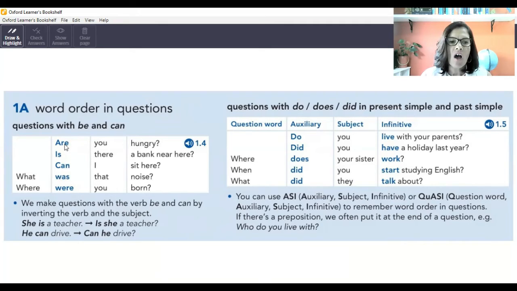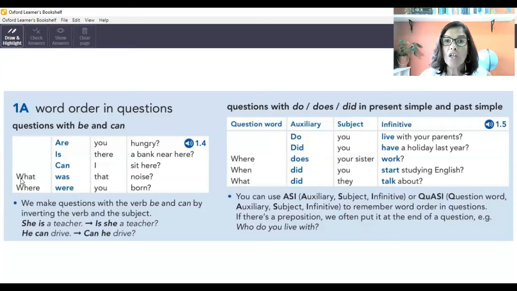So here, are you hungry? Is there a bank near here? Can I sit here? So again, if this question starts with an auxiliary verb, then it is what? A yes or no question. Very good.